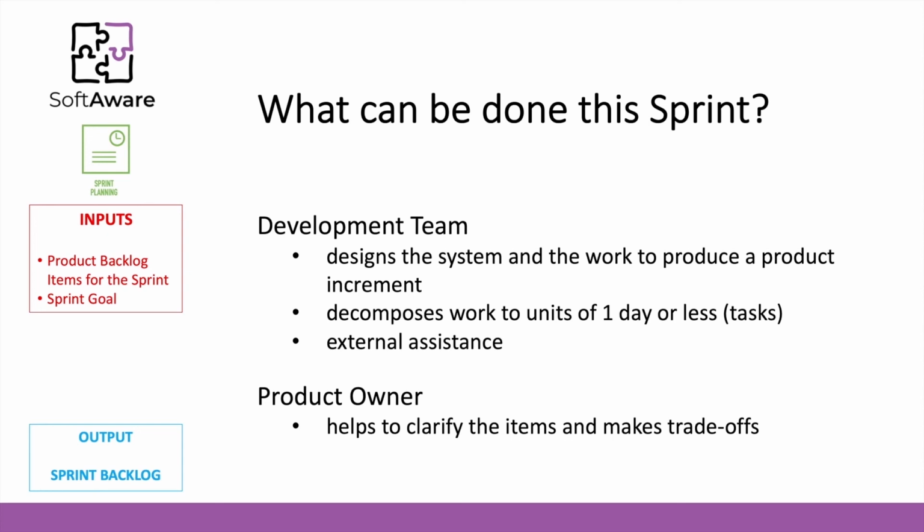So this event involves everyone in the Scrum team, and as inputs the product backlog with all the items that are available to become work items, and as outputs of the sprint planning, you have the sprint goal and the sprint backlog.